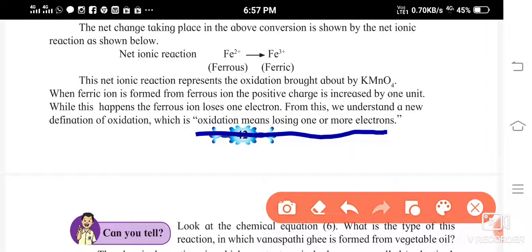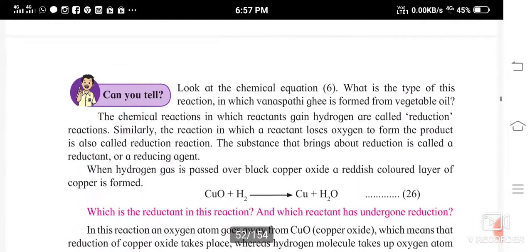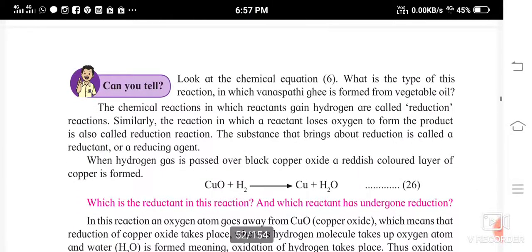So reduction has to be the gaining of one or more electrons, right? Similarly, the reaction in which a reactant loses oxygen to form the product is called the reduction reaction.